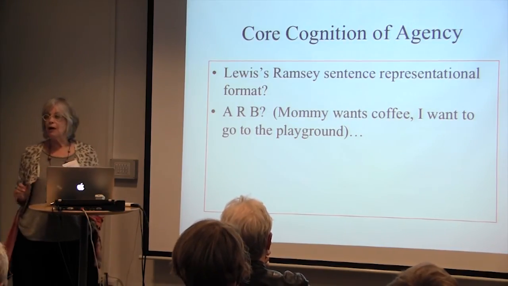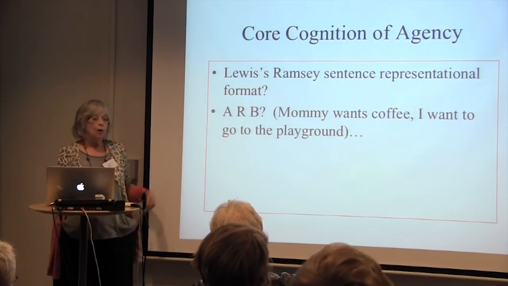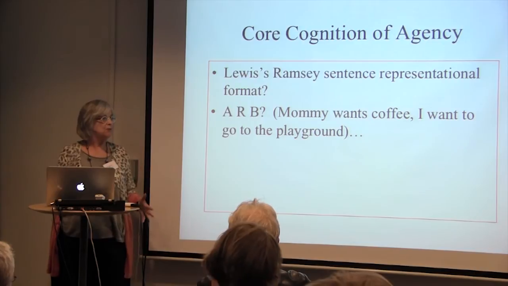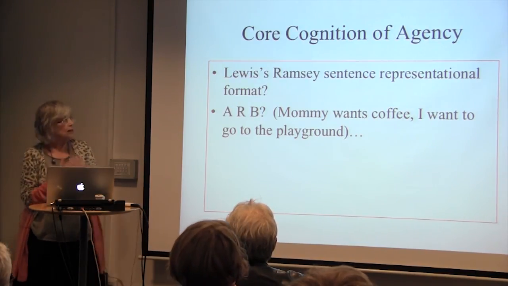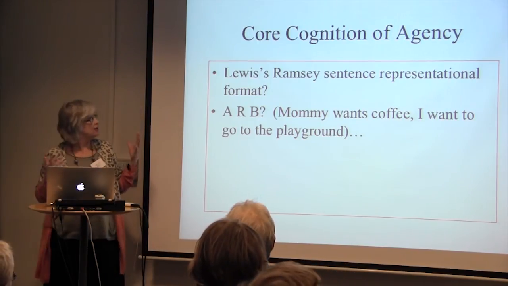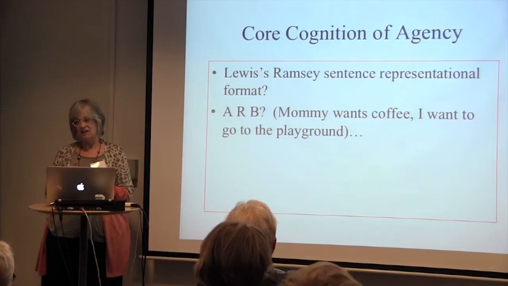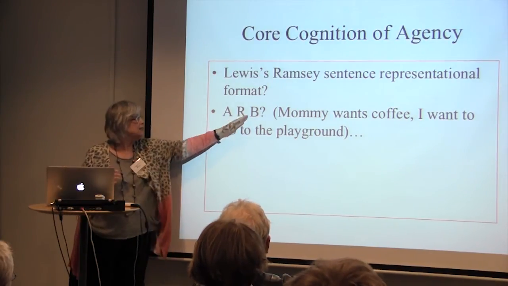So let's go back to core cognition of agency. Okay, so we know that babies are representing goals and epistemic states and perceptual states and self-generated emotion. So what's the format of representation here? Is it Lewis's Ramsey sentence representational format? Not likely, but maybe. Is it even logic-like or language-like?